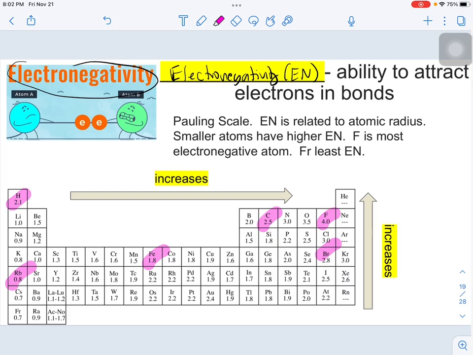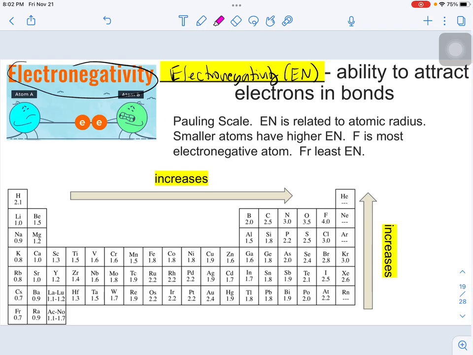Every element is assigned a number according to the Pauling scale. And the higher the number, the more electronegative you are, which means that you have a greater ability to attract or pull electrons towards you when you're forming bonds.